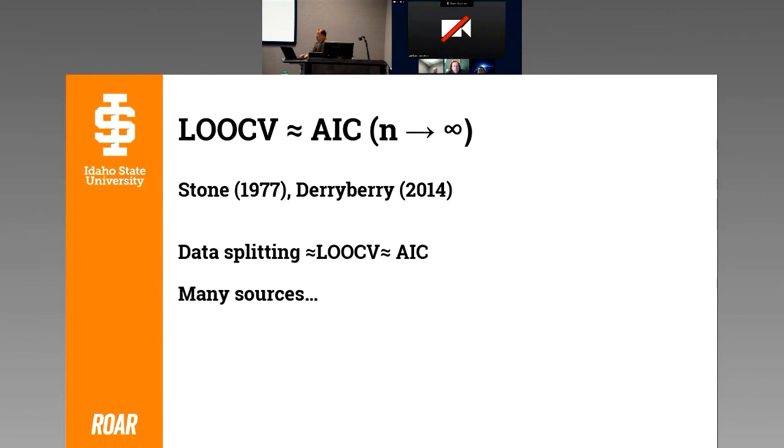So what you'll find widely in the literature now is that data splitting, leave one out cross validation, and AIC are roughly equivalent to each other. Whichever one of these you like, you should be aware that AIC is easy to calculate, and even if you're convinced one of these others is better, AIC is something you can calculate very quickly as a back of the envelope calculation to see where things stand.